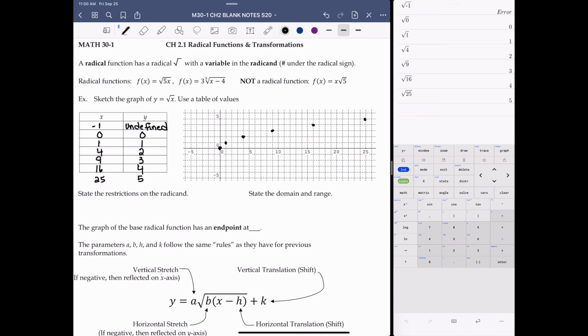Then we can join those points together. Based on the dots, the graph is going to curve more in the beginning, and then it kind of flattens out a bit. So that is our base radical function, the square root of x.